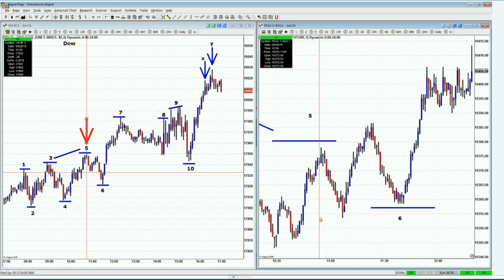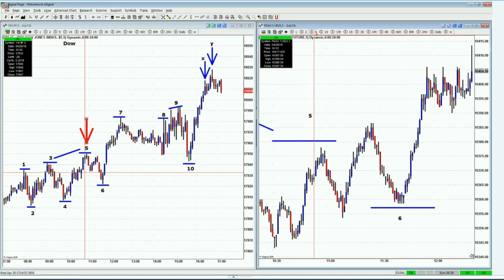What you're seeing here is that this is point 5, and the moment you see a red bar, which is what you do here, you have an opportunity to place a stop loss above the most recent high, which would be here. Yeah, it's a risky trade, but then so are all trades. And if you use a stop loss and you use it sensibly, then it will provide you with an opportunity to take advantage of these signals.